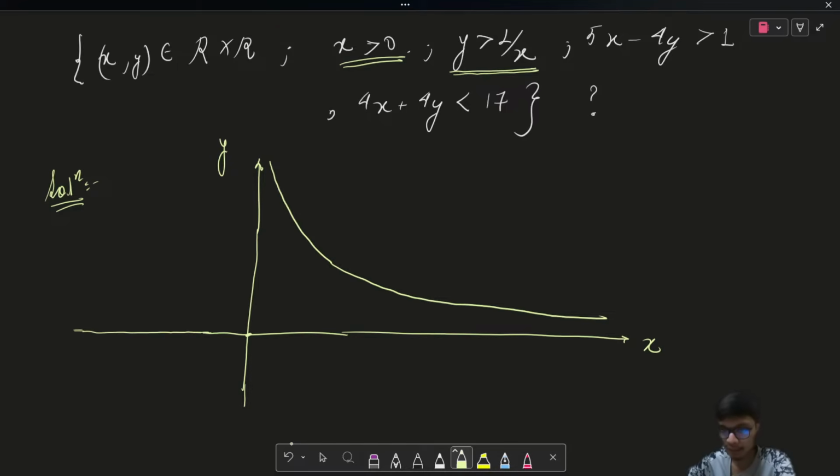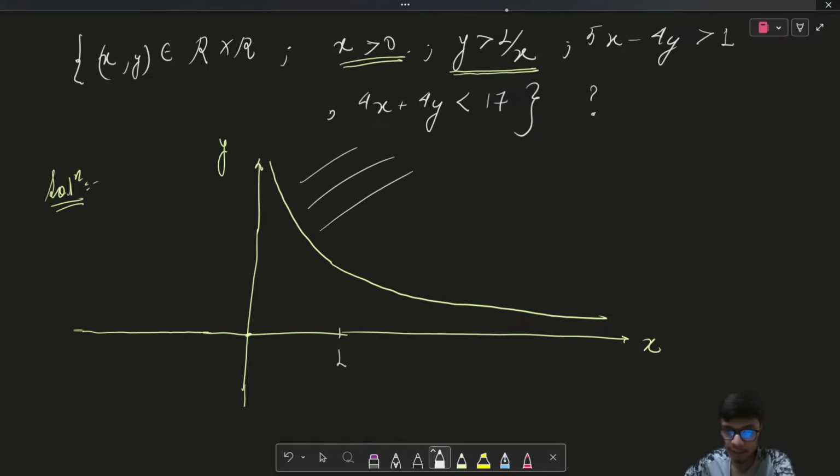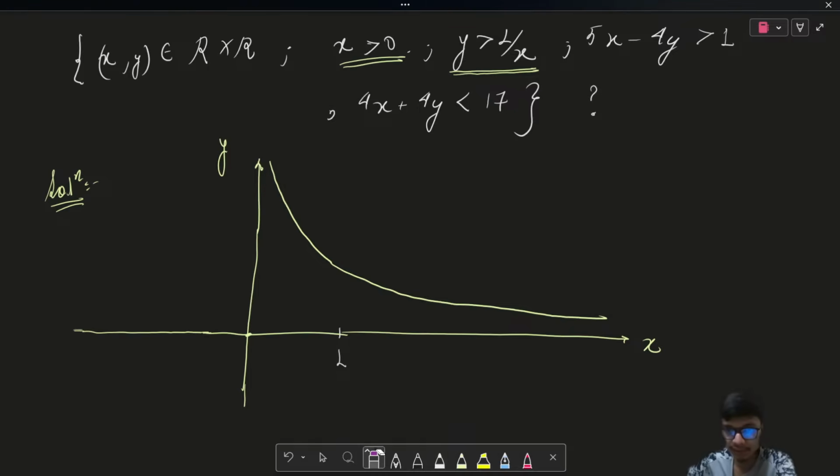If I take a point, let us say 5 comma 1, yes, it satisfies it, right? So the region bounded by this curve is this particular region. I hope this is clear.